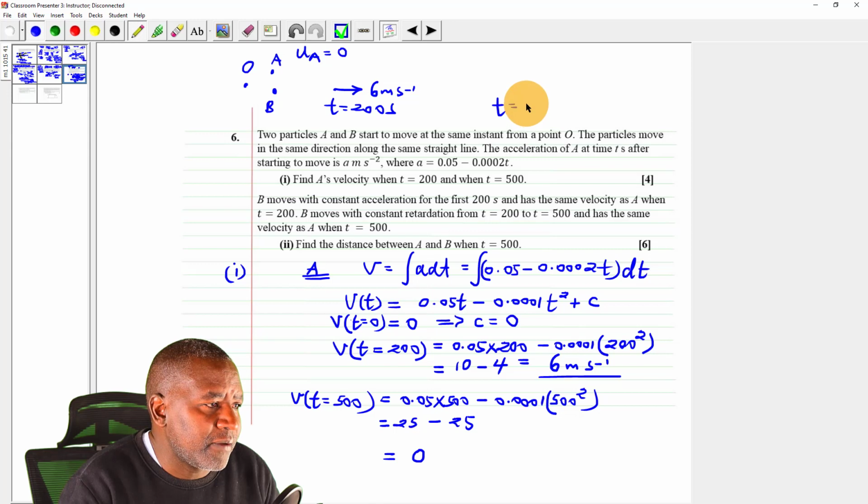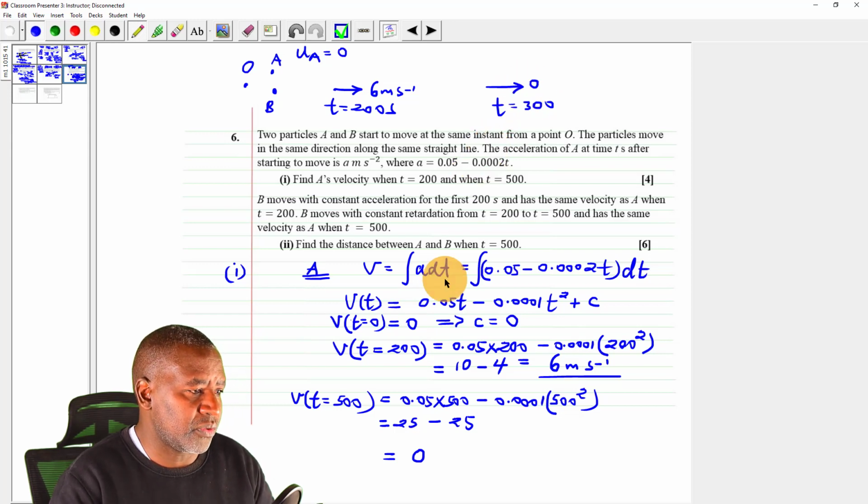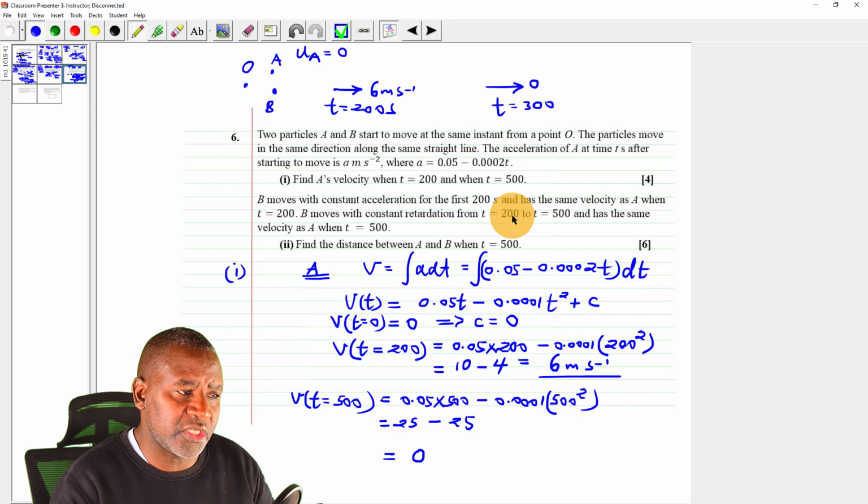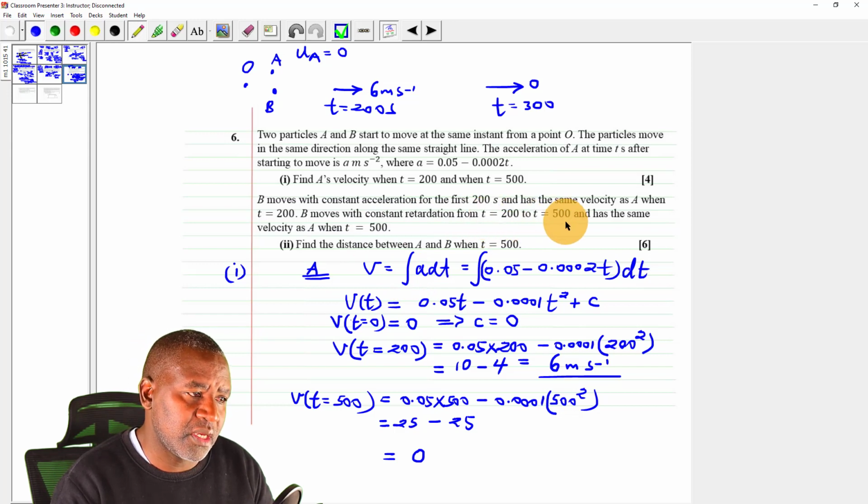So after a time of 500 seconds, it is moving with a different velocity. So we can say after an interval of 300 seconds, its velocity is 0. That is the information that we are provided in the question, so you need to read this part carefully.